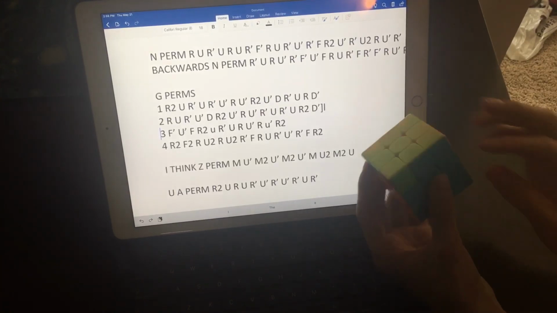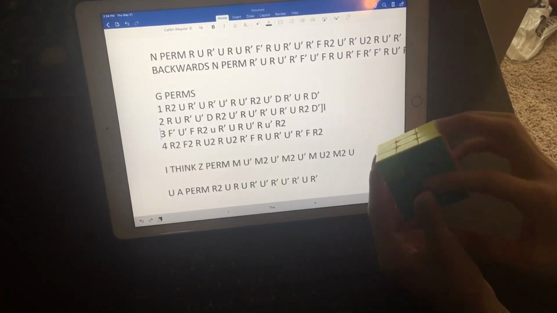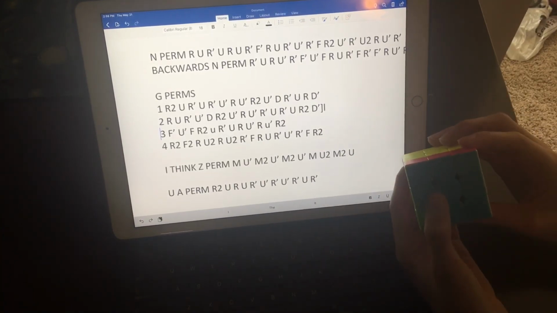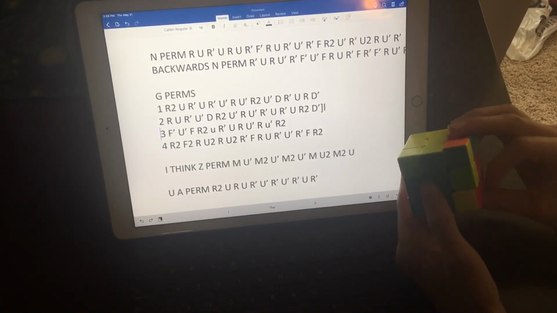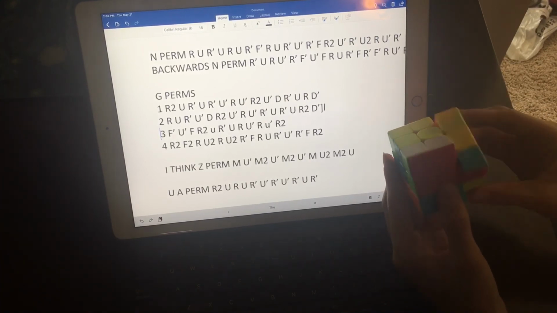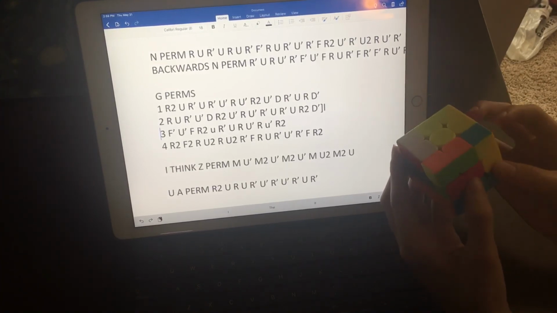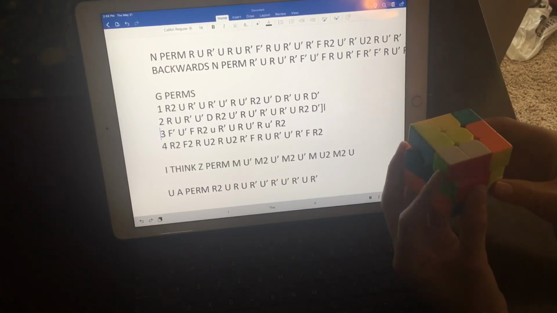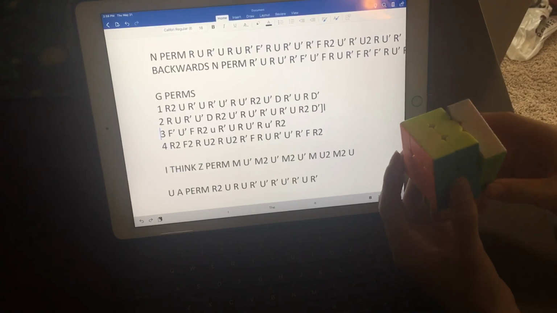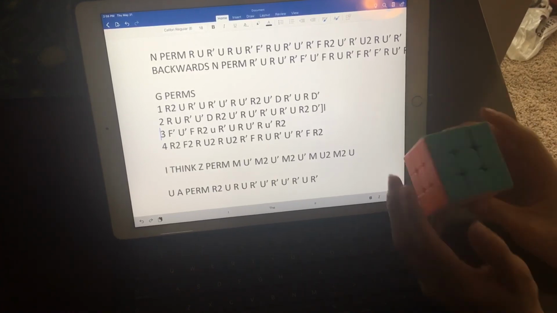So you can move it over so it matches this, and then you do the third algorithm. F prime, U prime, F, R2, small u, R prime, U, R, U prime, R, big U prime, small u prime, R2. Now that's the last one.